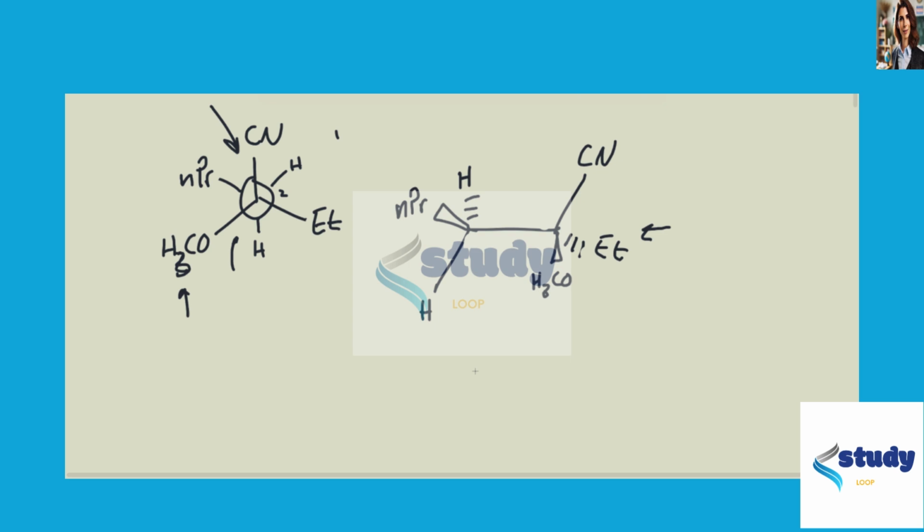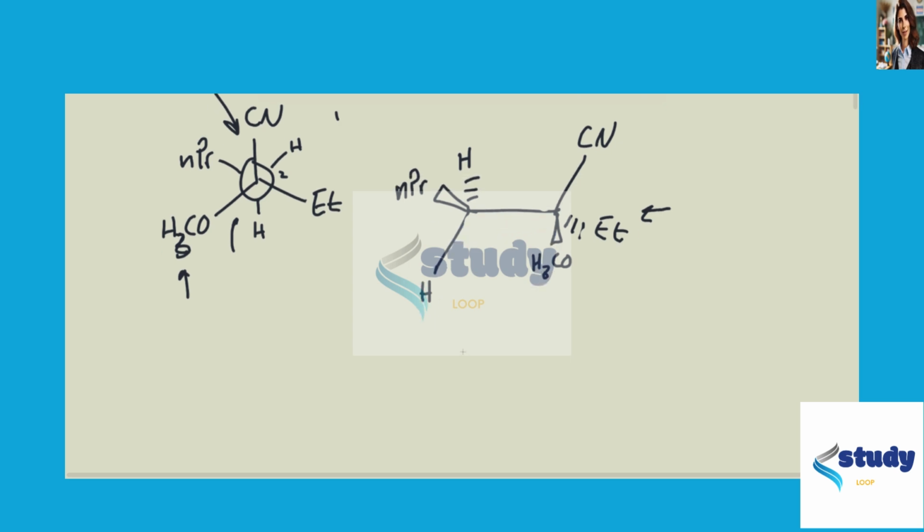If I want to change this to maybe a more proper bond line structure, all I've got to do is redraw it without the n-propyl and the ethyl, but instead just having legitimate chains. And we could do the same for this ether linkage here. So let's do that real quick. There's our cyano group.